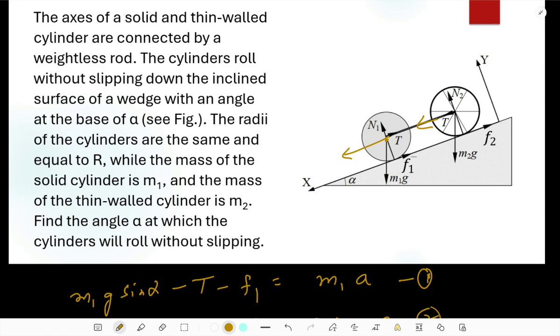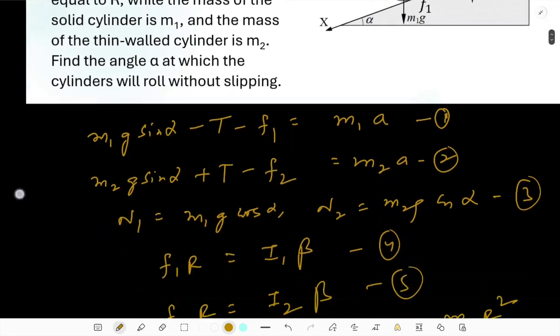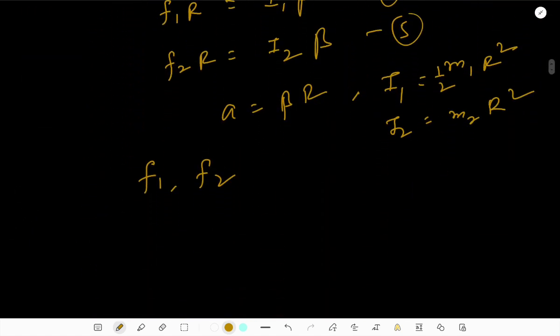That means we need to find the maximum value of static friction acting on them, because if we increase alpha more than that, the cylinders are going to slip on the inclined plane. We already know F1 is less than or equal to mu N1, mu being the same for both, and F2 is less than or equal to mu N2.